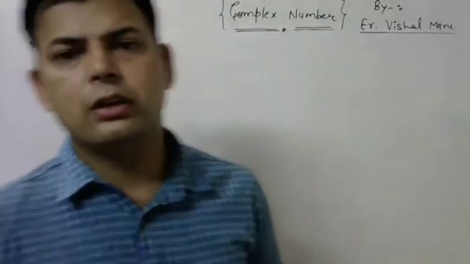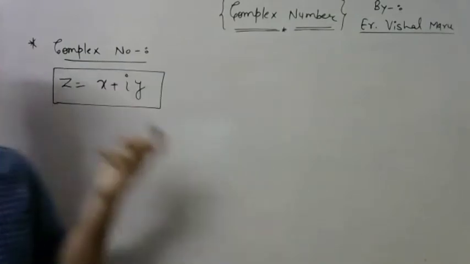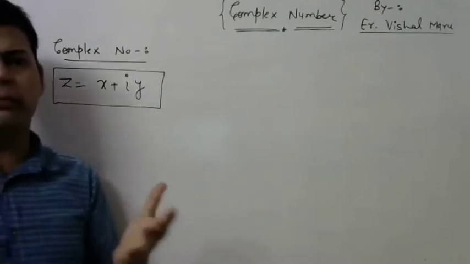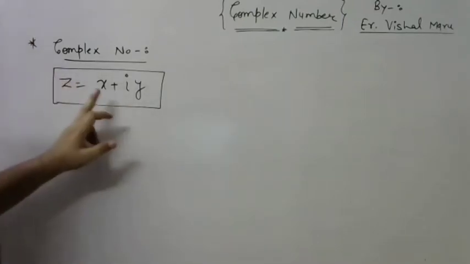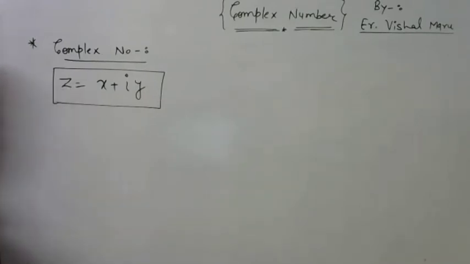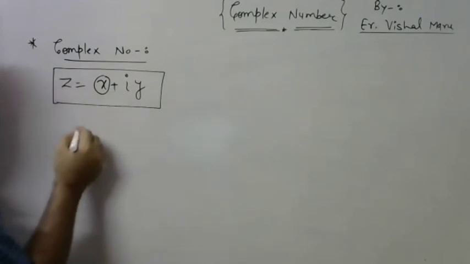Okay students, so I have told you any number represented in the form a plus iota b. Let us generalize it. In generalized form, a number which is represented in the form x plus iota y is called a complex number. Here the number which is not multiplied by iota is called the real part.